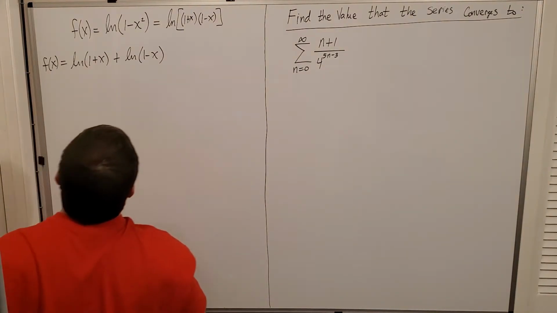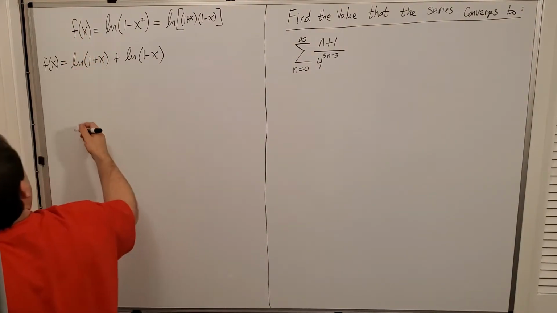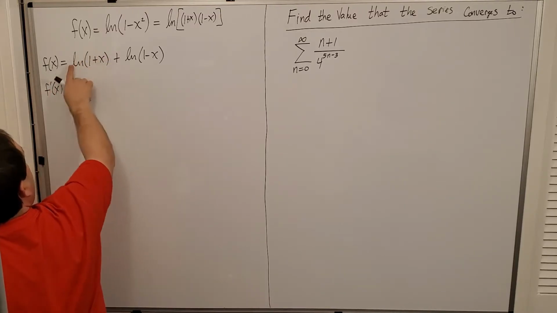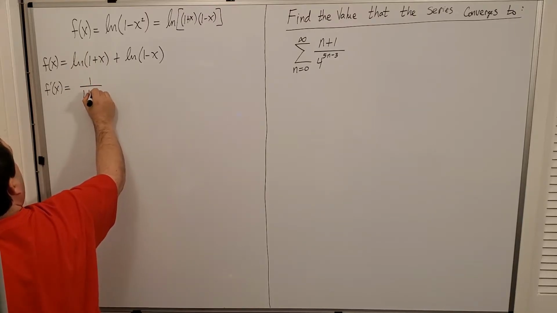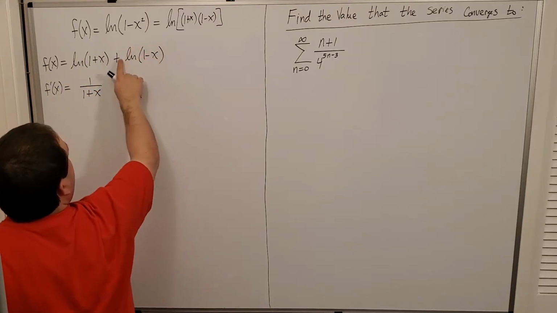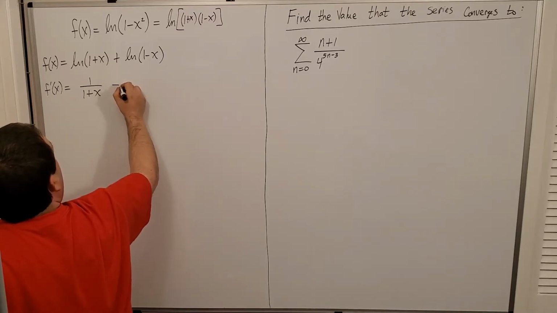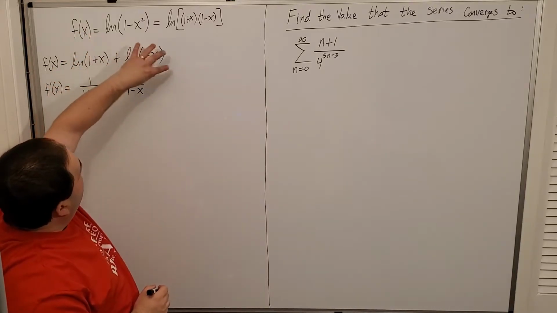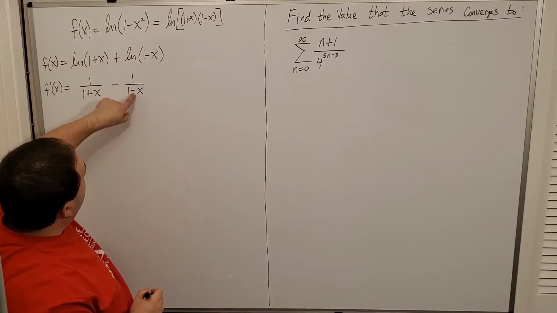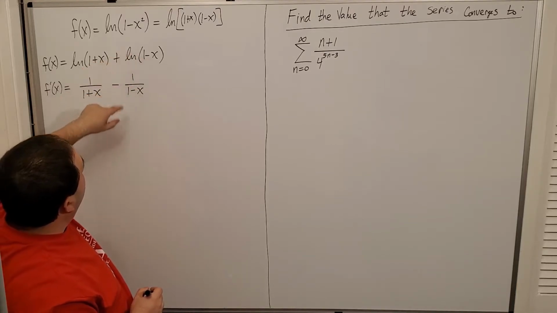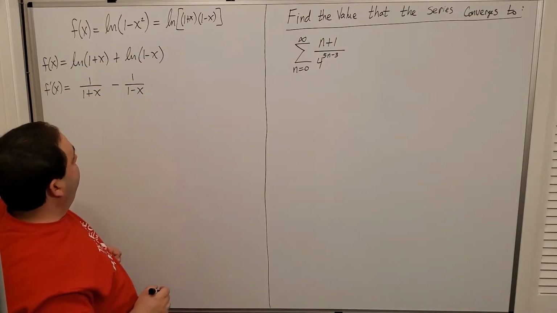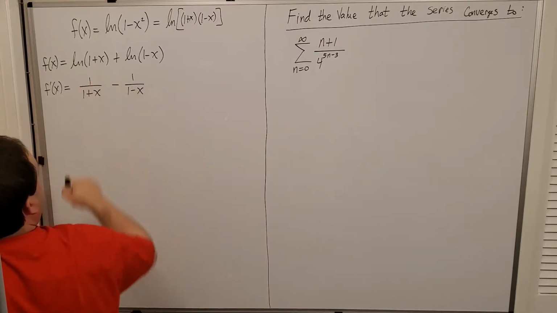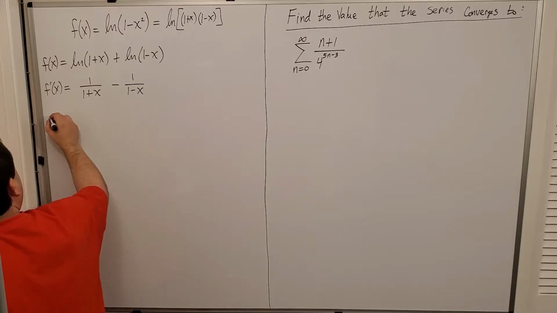Then from here, like I said, I'm going to take the derivative, f prime. The derivative of this is just 1 over 1 plus x. And the derivative here is going to be minus 1 over 1 minus x. Right? Because the derivative of the ln is 1 over whatever's inside. This one happened to have a chain rule inside derivative of negative 1. All right. So then from here, both of these can be written as power series.